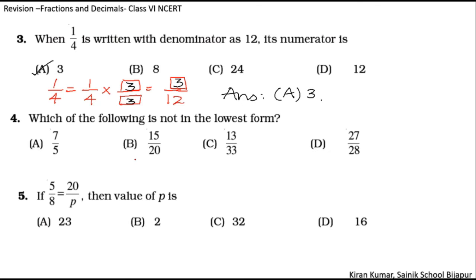In other words, there should not be a common factor other than 1. If you consider 7 and 5, the common factor of 7 and 5 is 1.